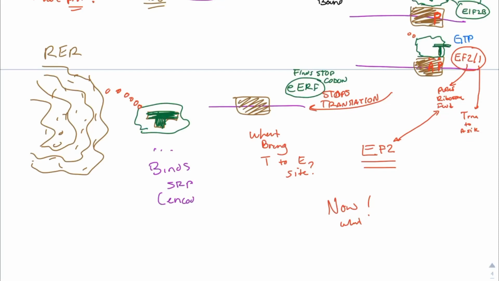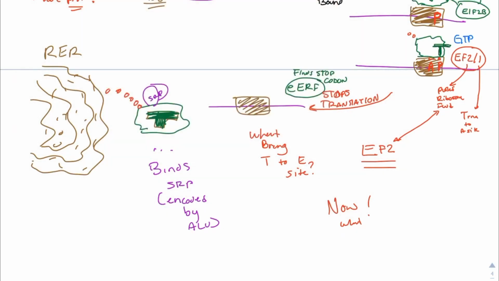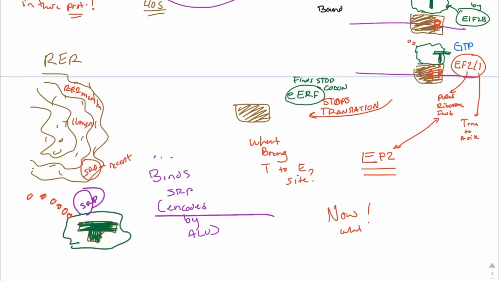Now, SRP is encoded by this thing called Alu. And what Alu does is it puts SRP on the large subunit. And then finally, the large subunit that has the SRP can bind to the SRP receptor in the rough ER membrane.